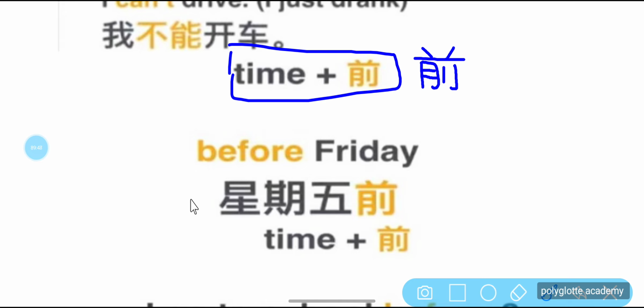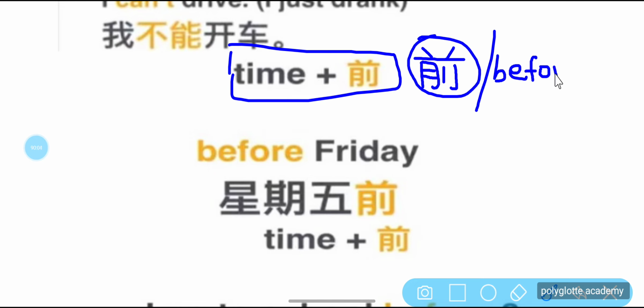As an example of a Chinese sentence, 前 means before.